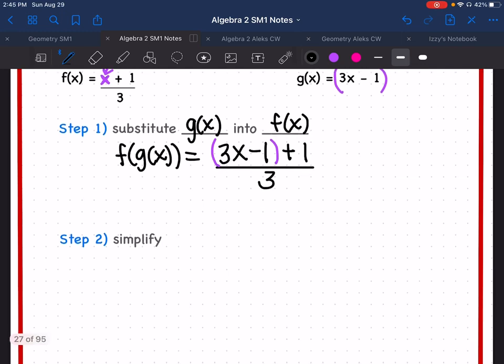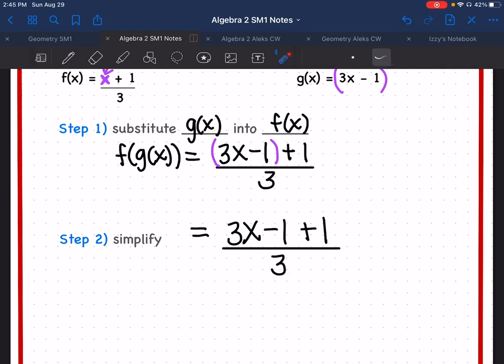Now I'm going to simplify. The first thing I do is drop the parentheses. Then I'm going to combine like terms in the numerator. Negative 1 plus positive 1 are like terms. I can add them together and they are 0, so they cancel out, leaving me with 3x divided by 3.